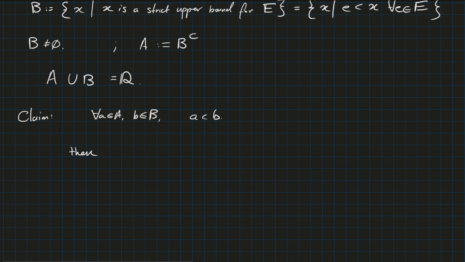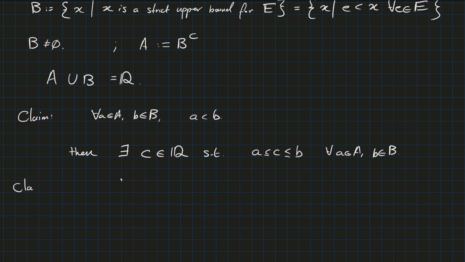since we have this, then there exists a C in R such that a is less than or equal to C, less than or equal to b, for all a in A, b in B. And then the further claim is that the supremum of E is equal to that C. Okay, so we know that C exists, and the claim is that the supremum of E is equal to that.